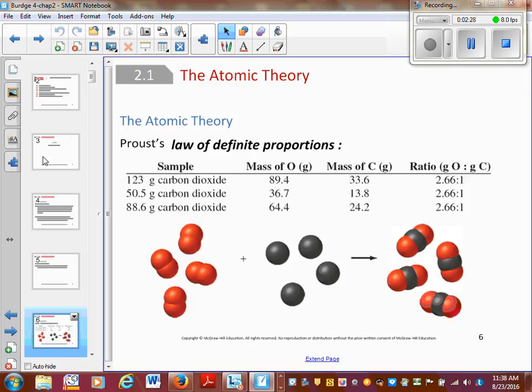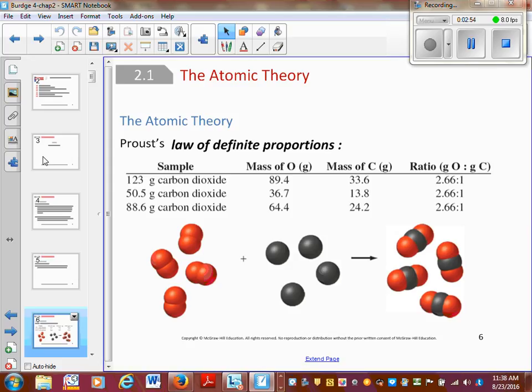A man named Proust had what's called the law of definite proportions. So here, he's taking a sample of carbon dioxide. Doesn't matter how much he takes, 123 grams, 50.5, 88.6. If he breaks it down into the carbon and oxygen and gets the mass of each, he always gets the same ratio, 2.66 to 1.